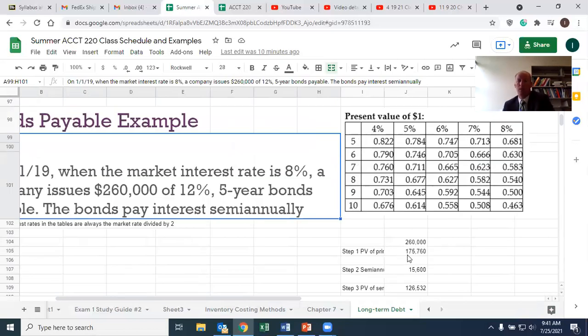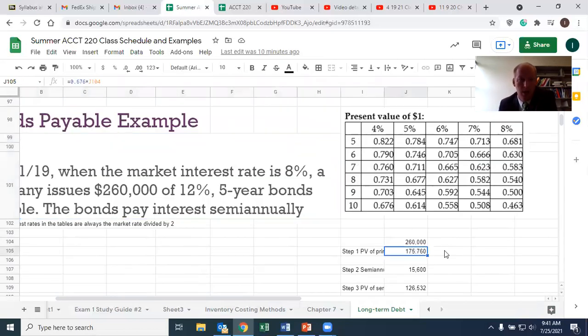So the first step is we take our $260,000, which is all that's referencing, and we multiply that by the present value of $1.